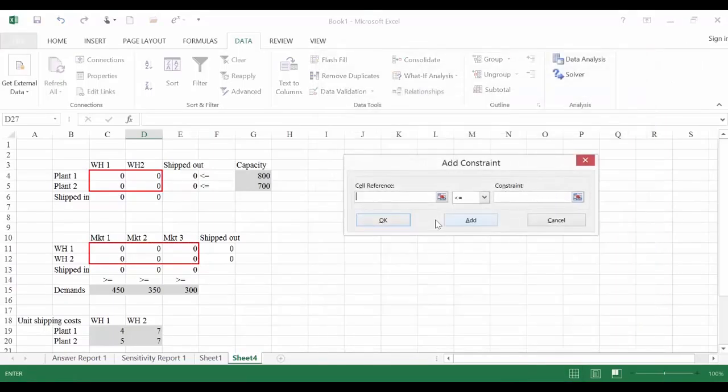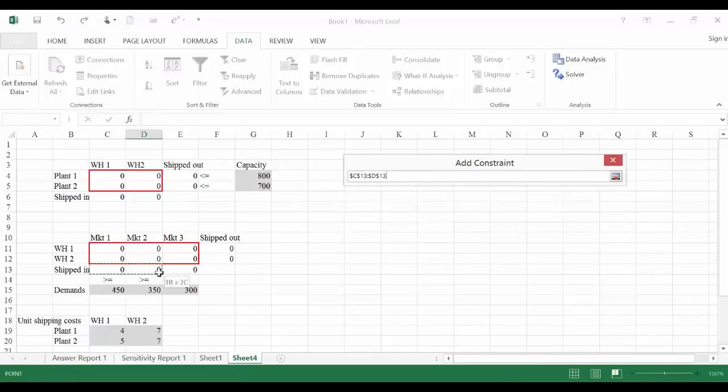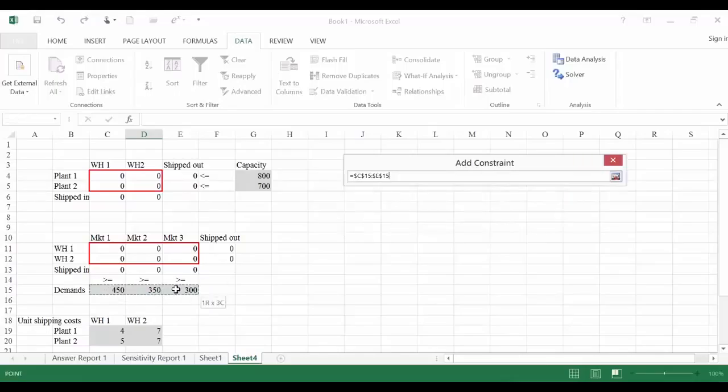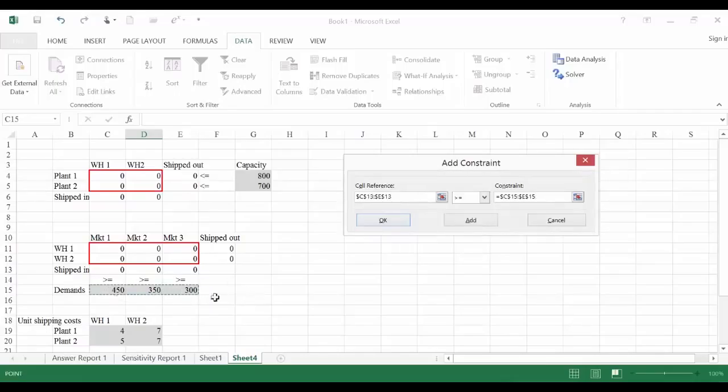For the constraints, first of all, the amount shipped out from each manufacturing place should be less than or equal to the capacity. Then the second group is that the total amounts shipped into different markets should be larger than or equal to the amount required for each market.